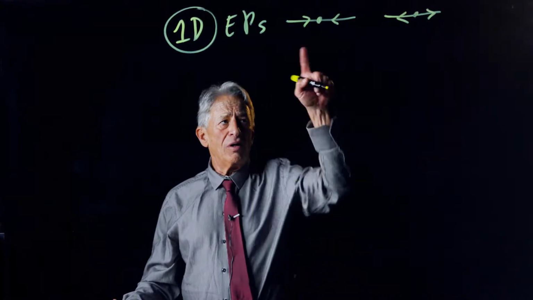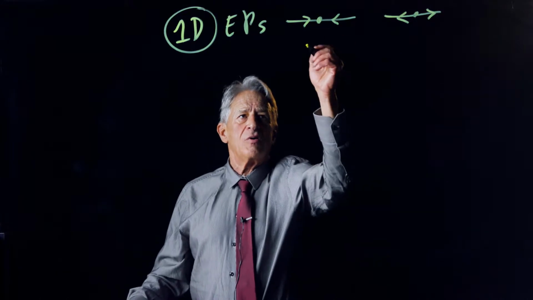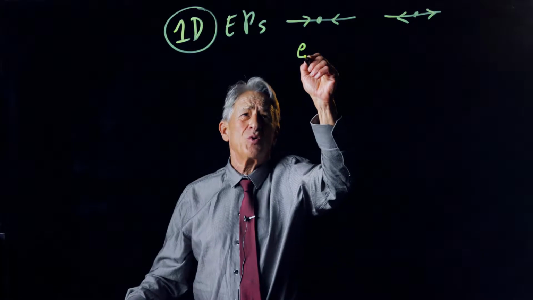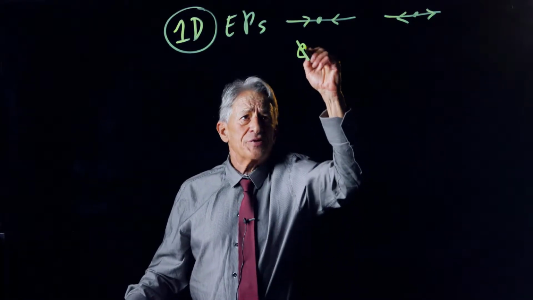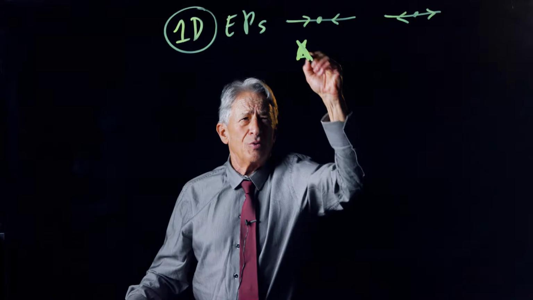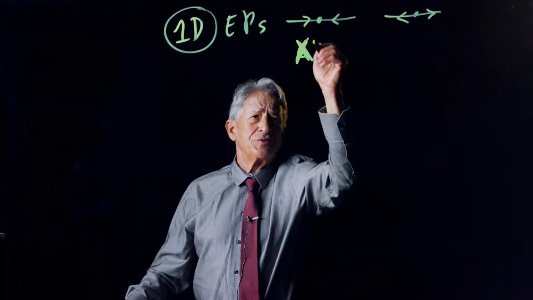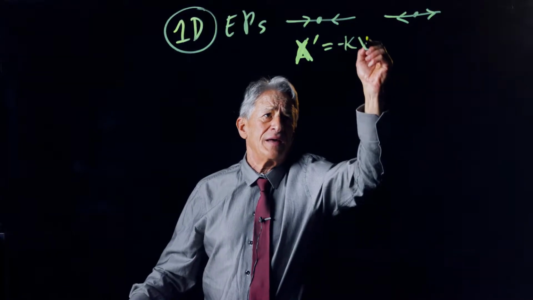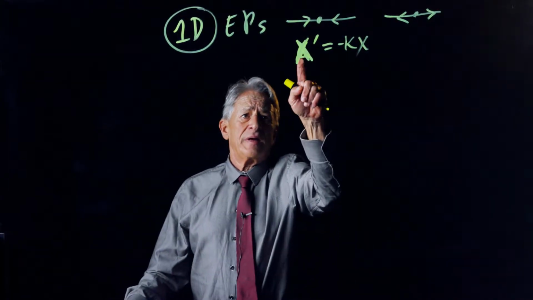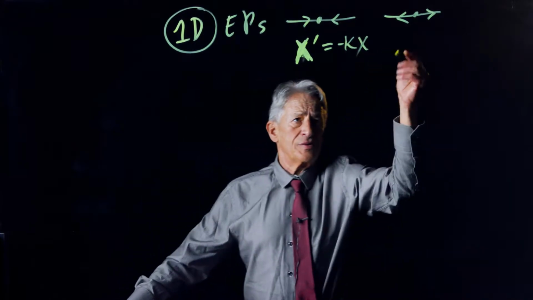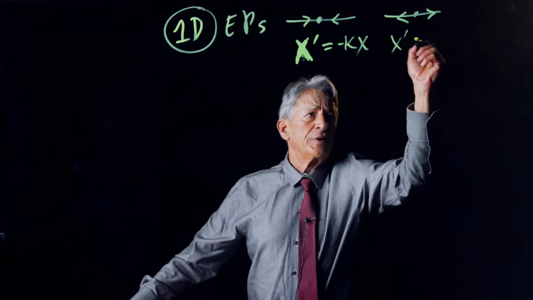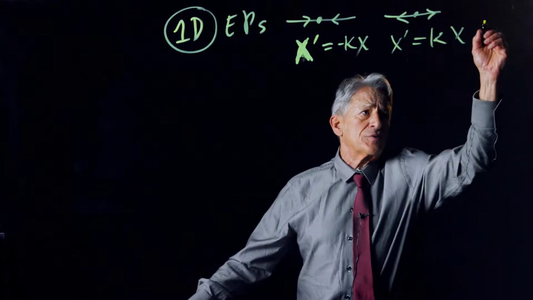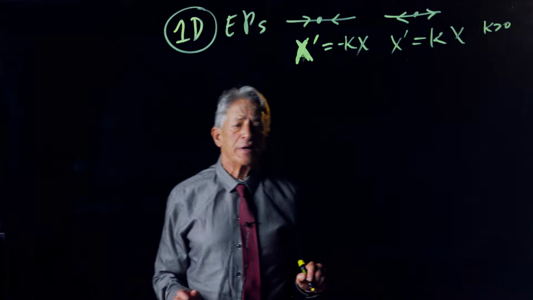And you will recall that both of these are the solutions to differential equations. This first equilibrium point is the solution to the differential equation x' = -kx. And the unstable equilibrium point is the solution to the differential equation x' = +kx, where, as usual, we're assuming k is bigger than 0.